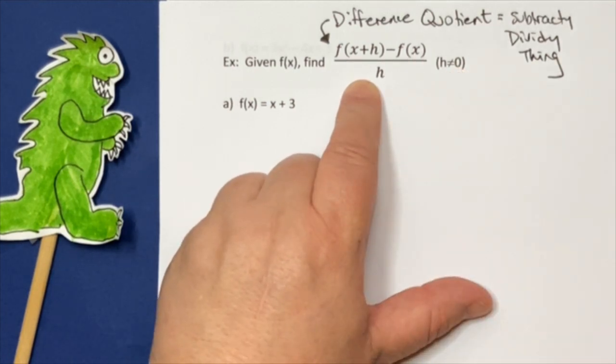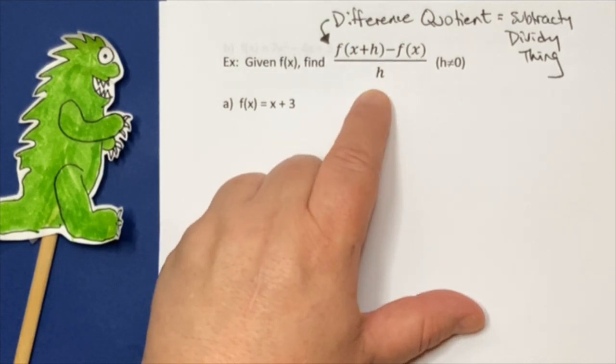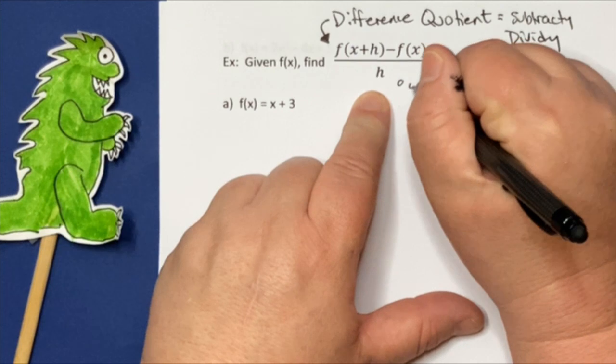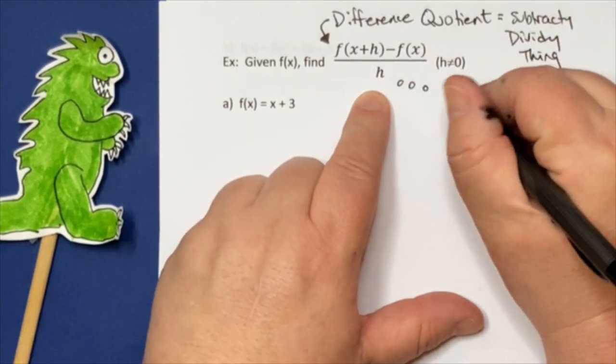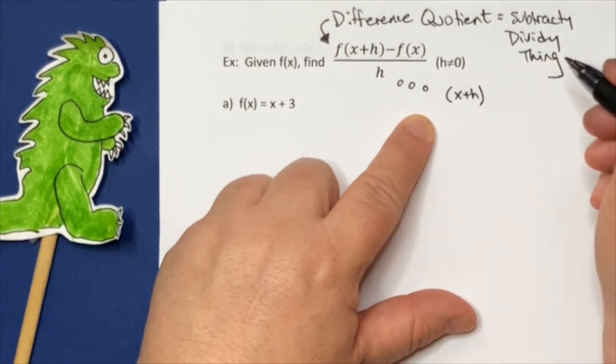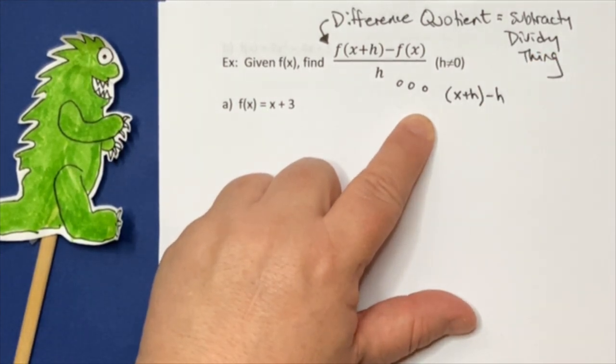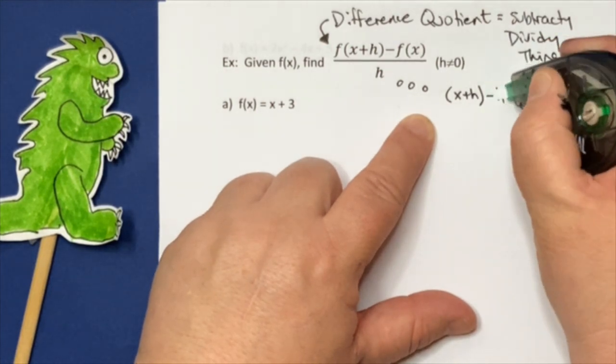It turns out that the denominator didn't start out as h. And this is just extra information if you're interested. It started out as x plus h minus x.